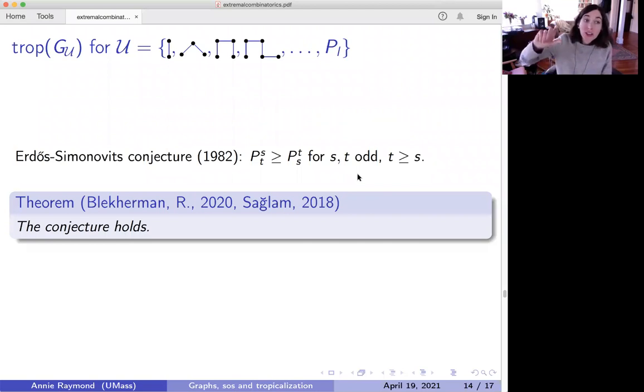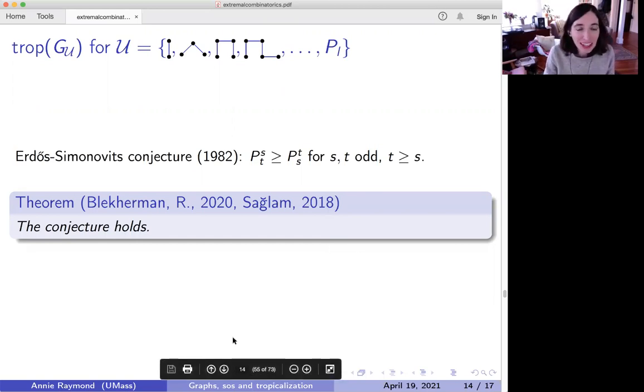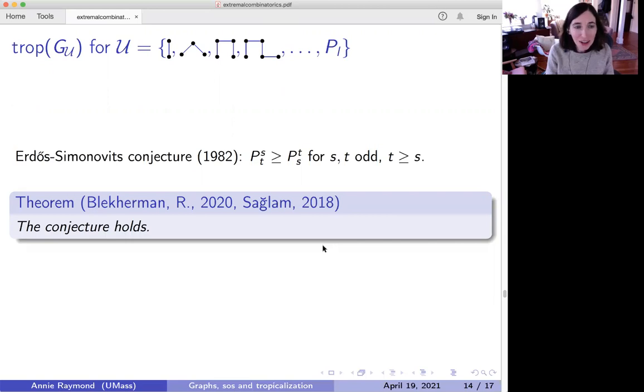And by looking at the tropicalization of all paths, we were able to show that this is true. We thought we were the first, but then we realized that Mert Saglam had already proven it 2 years prior with completely different techniques, using heat configurations and measuring different things there. But looking at the tropicalization, we were able to do that.